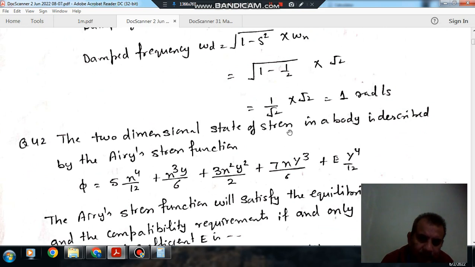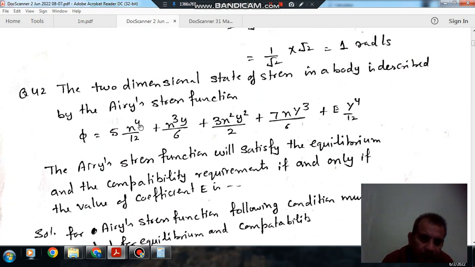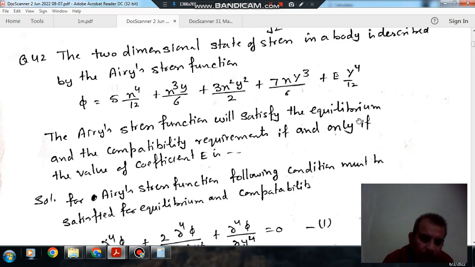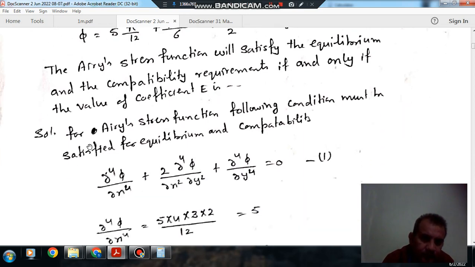Next, the two-dimensional state of stress in a body is described by Airy's stress function. Phi is equal to 5x^4 by 12 plus x cube y by 6 plus 3x square y square by 2 plus 7x y cube by 6 plus E y^4 by 12. The Airy's stress function will satisfy the equilibrium and compatibility requirement if and only if the value of coefficient E is dash.